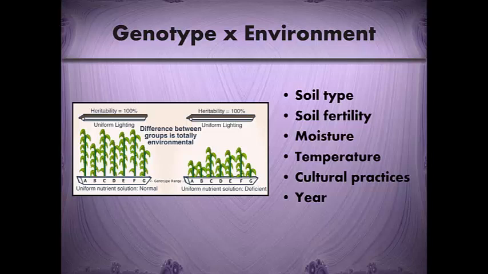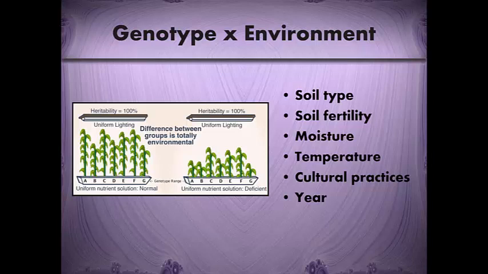Soil type, soil fertility, moisture, temperature, cultural practices like if you're pruning the plant or maybe the time of year you plant it in the ground outside or something like that. These are all cultural practices. Year, you may have an atypical year weather-wise or pest-wise, and that might make your asexually propagated plants look different from the plant you originally propagated them from.